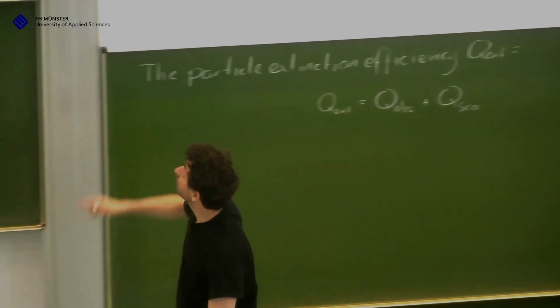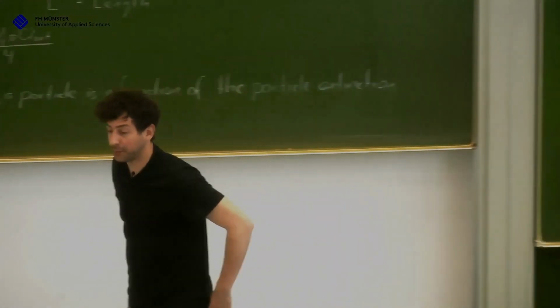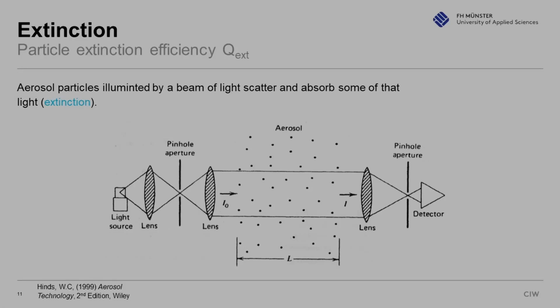Okay? So if the light goes in and interacts with the aerosols, there is absorption and there is scattering. That's a very simple one, and there will be more happening, we will talk about this. But this is how the extinction efficiency is summed up.